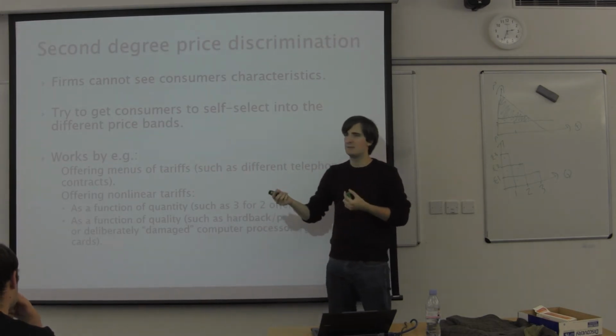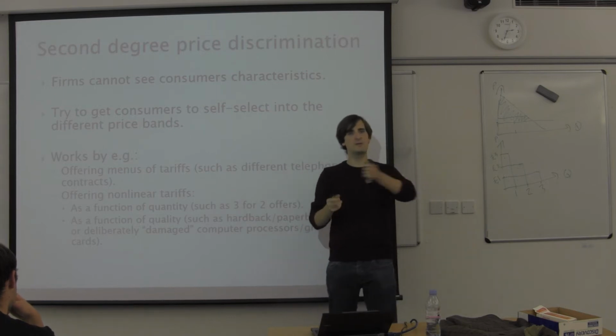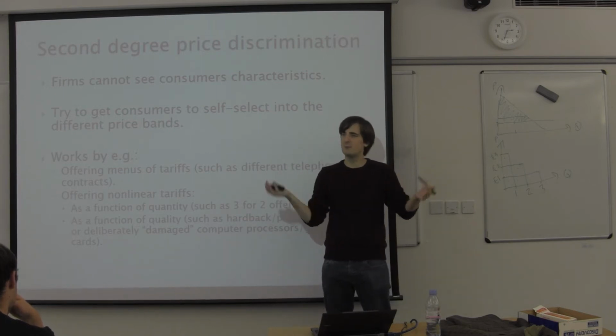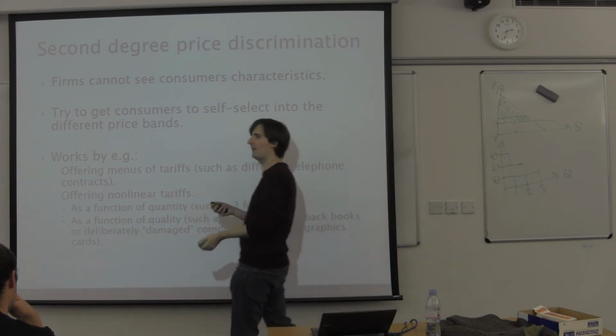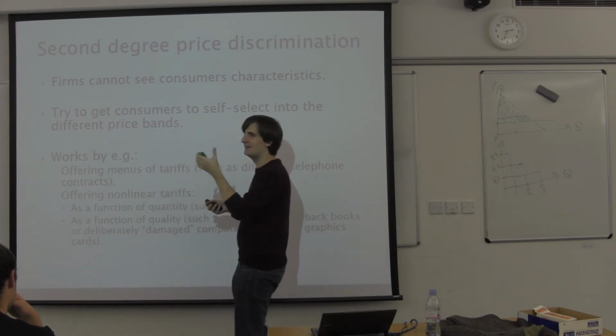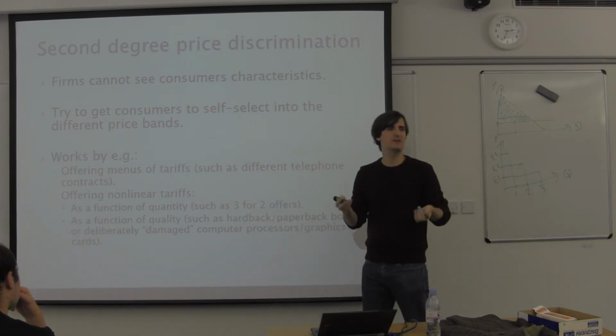So by having these 2 different price bands, you're getting consumers to tell you something about what type of consumers they are. The consumers who take the buy 2 get 1 free offer are going to be your less well-off buyers.